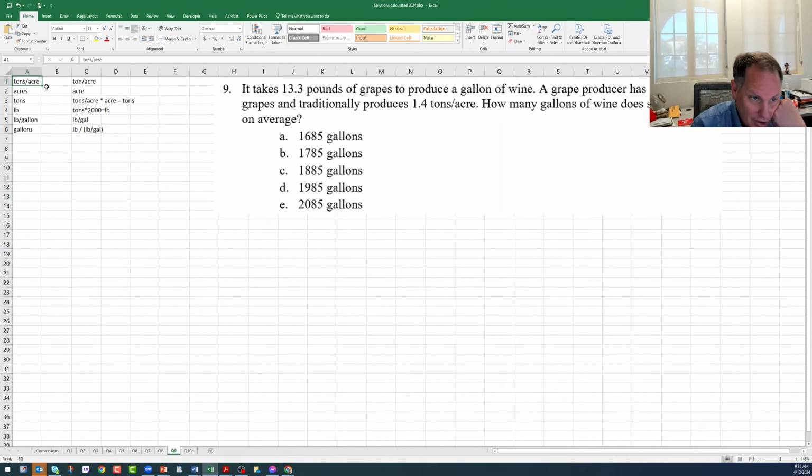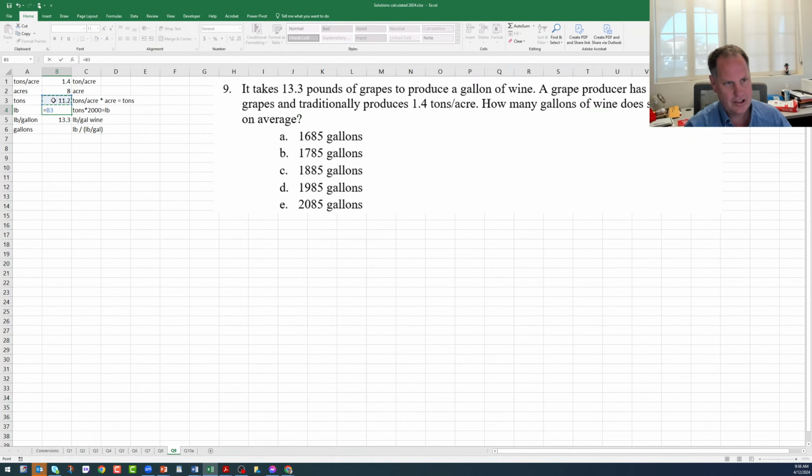So let's go ahead and plug in 13.3 pounds per gallon of wine, 8 acres, 1.4 tons per acre. All right, so how many total tons does she produce? Well, 1.4 tons per acre times 8 acres is 11.2 tons.